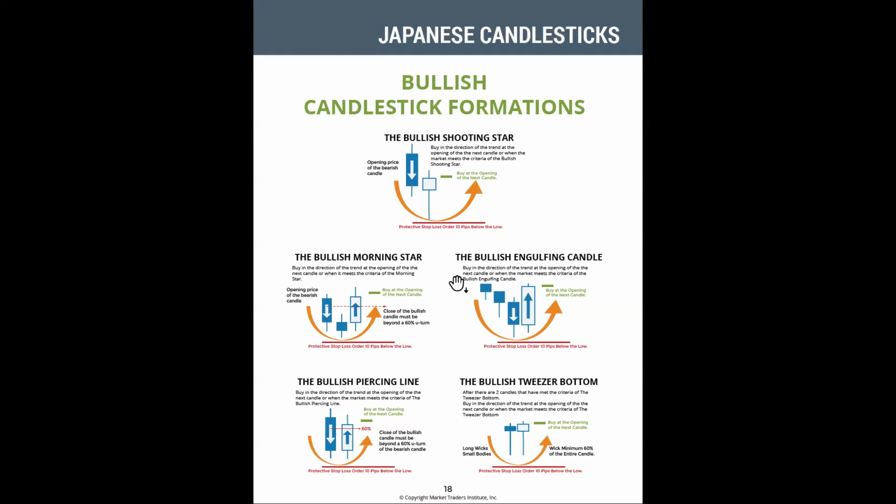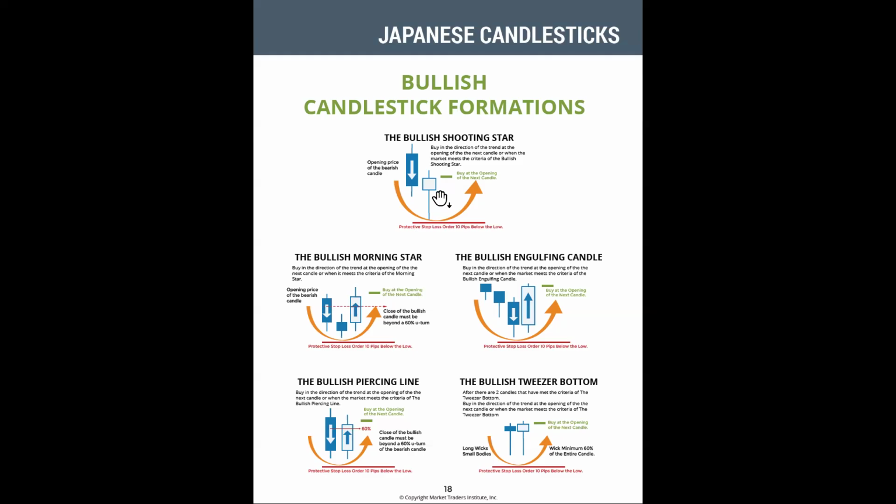Now, if you buy every morning star or every shooting star you see, you are going to lose, because a lot of them are not going to appear at an area of structure. A lot of them are not going to appear at a demand level or supply zone. The ones that are most effective, the best that you can get, are the ones that appear at a supply zone or demand zone.